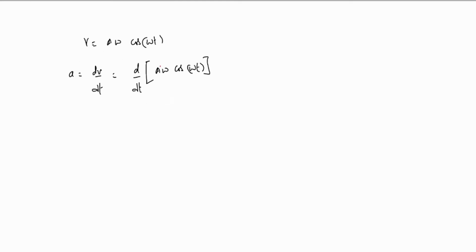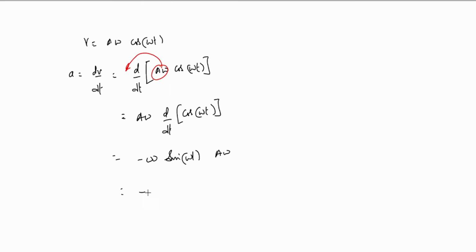Again, A and omega are constants that come out of the differentiation symbol, and what remains would be A into omega into d by dt of cos of omega t. Differentiating cos omega t with respect to time gives us minus omega into sin omega t. There's already an omega, and therefore this will give us minus A into omega square into sin omega t.